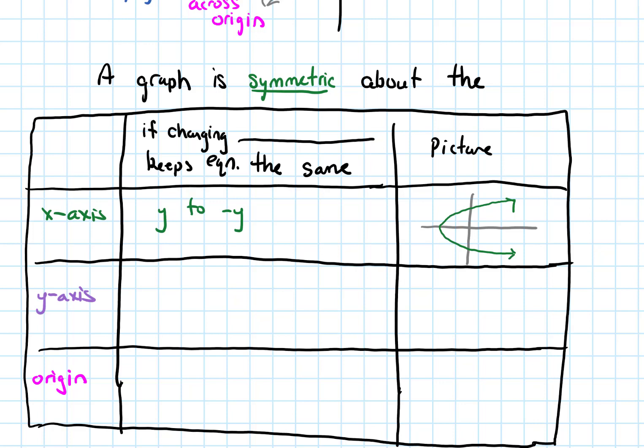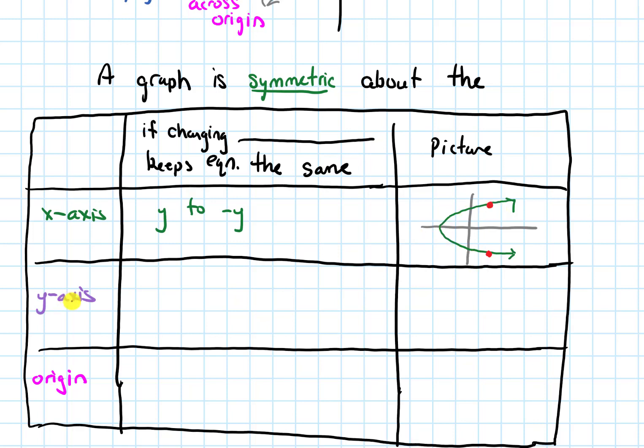And notice that if I look at one point on one side of the x-axis, and I look at the mirror image point of that across the x-axis, those 2 points have opposite y coordinates, and that matches up with what we were saying about changing y to -y keeping the equation the same. Even if I change the y coordinate to -y, it'll still satisfy the equation.